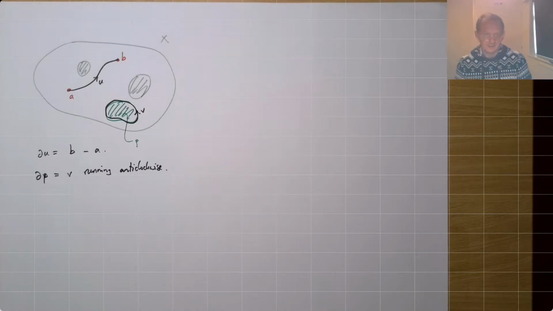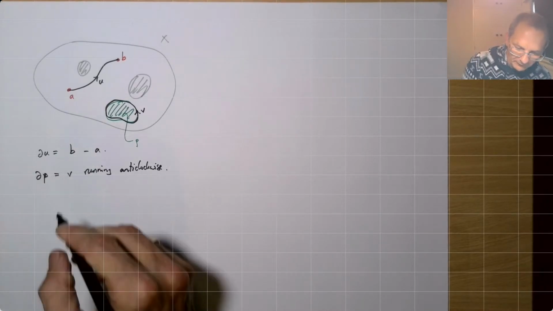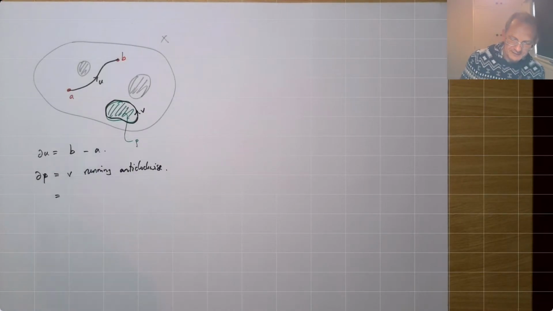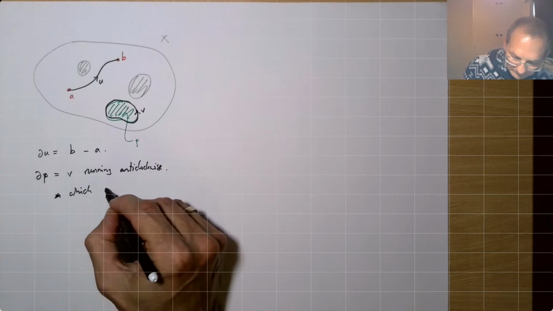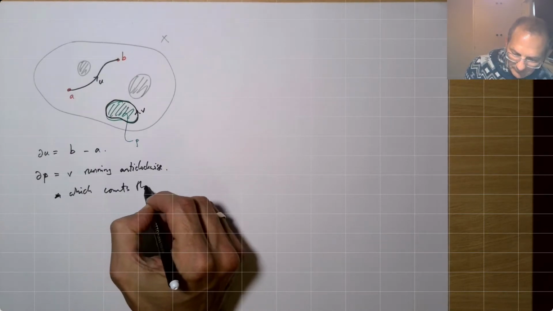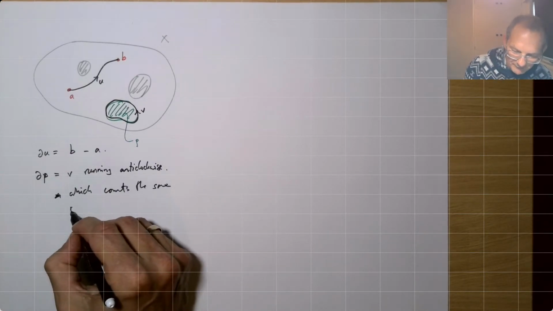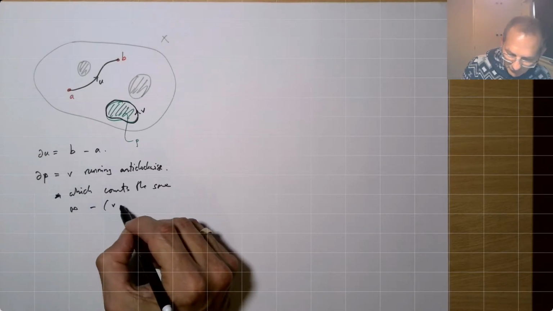Okay. Again, it's going to be a more complicated story later on, but for the moment, let's just take that to be the rule. But then this V running anti-clockwise is going to count the same as minus V running clockwise.